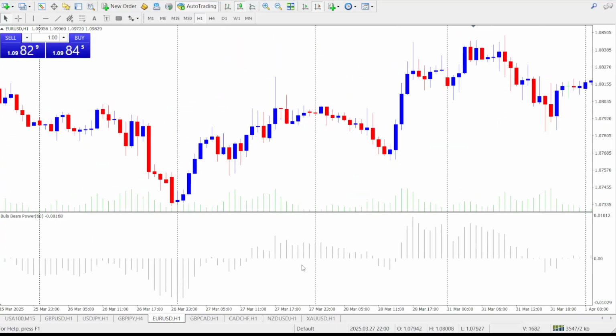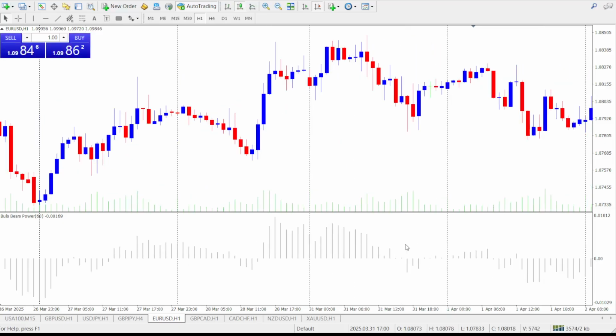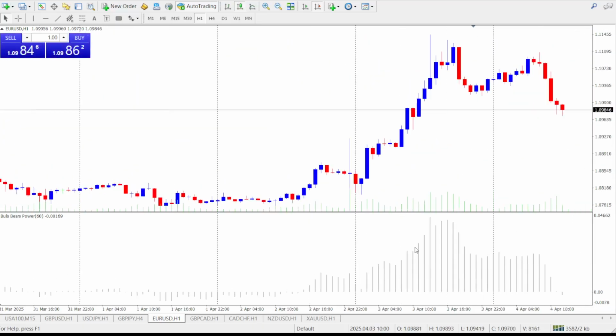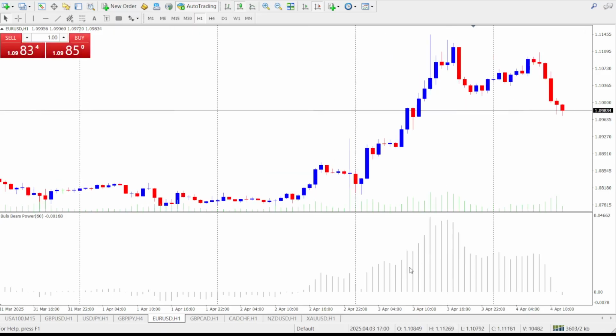These two forces are constantly in conflict, and the indicator helps us measure which one is winning. It works very similarly to the MACD, the moving average convergence divergence, but it's much simpler to use.